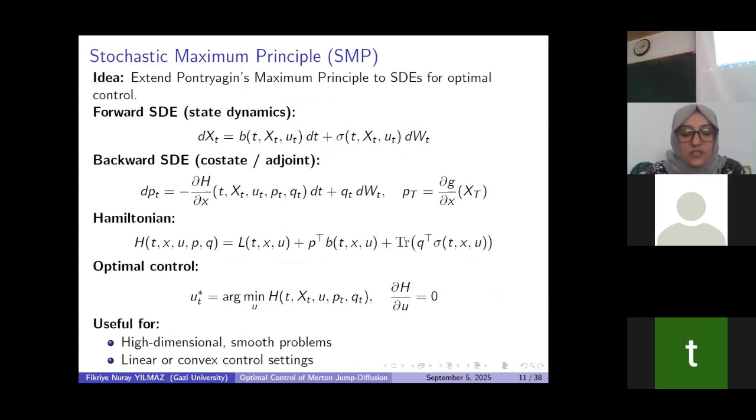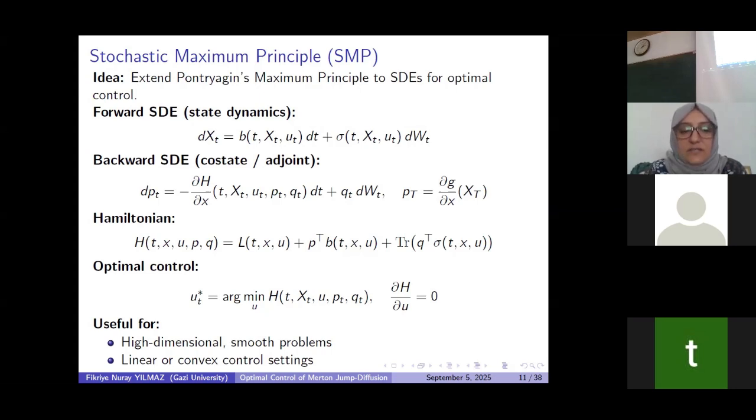I mean, to solve an optimal control problem, we have to minimize a cost function. Also, we have to solve a stochastic differential equation. For that reason, we need some other extra relation between control and state variable and the cost function j.